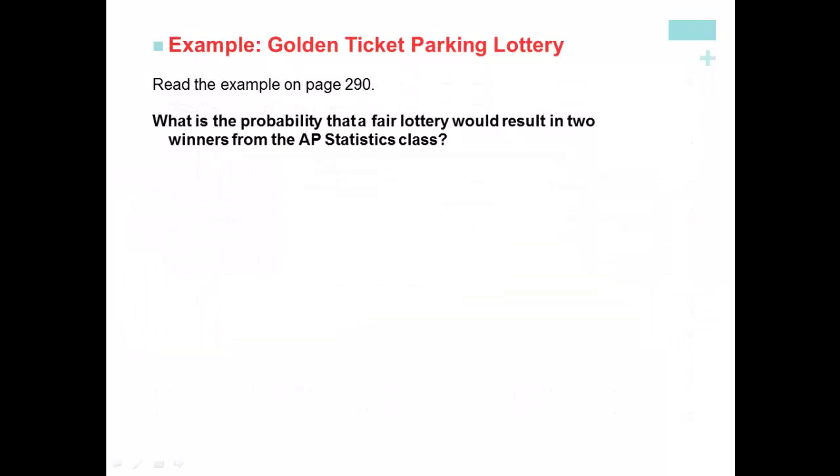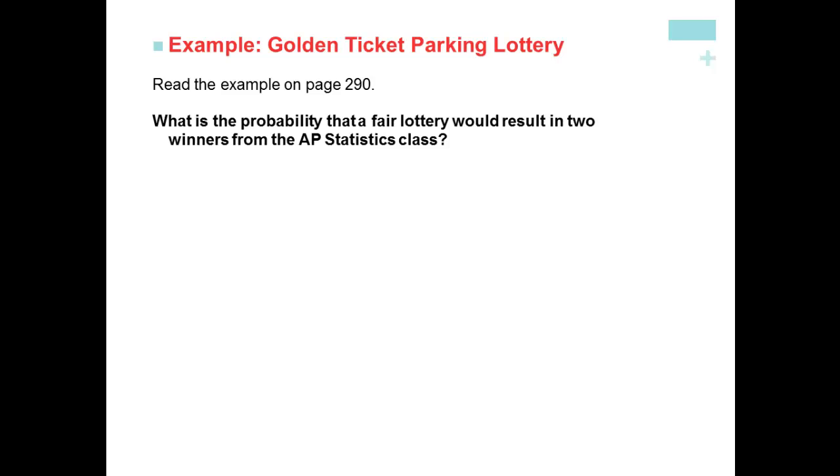Here's an example from page 290. A local high school has 95 students that have permission to park on campus. Each month, the student council holds a golden ticket parking lottery at the school assembly. The two lucky winners are given reserved parking spots next to the school's main entrance.